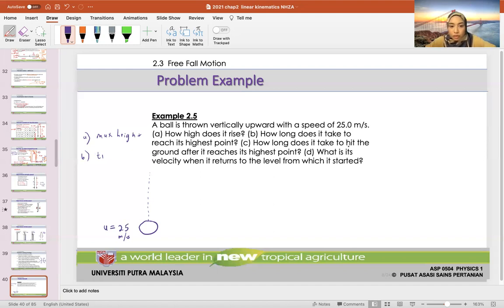How long does it take to hit the ground after it reaches the highest point? So now it's asking for T2. What is its velocity when it returns to the level from which it started?